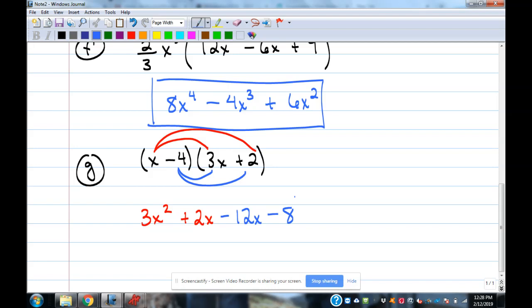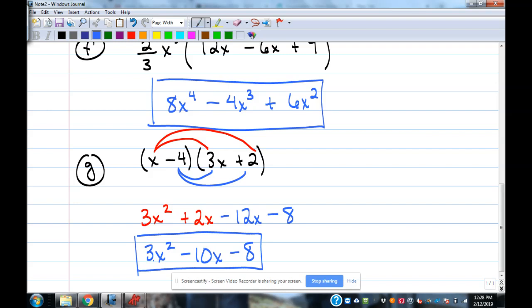We got some like terms in the middle there, so we got to combine those. Okay, so we got 3x squared. What's positive 2x minus 12x? Negative 10x, and then the minus 8. Now we're done.